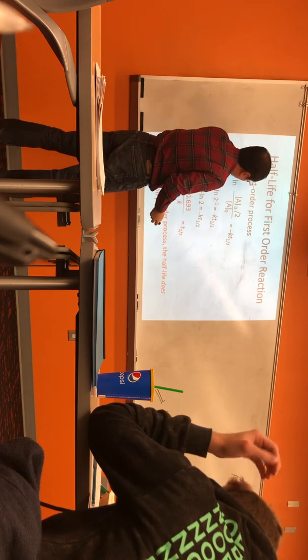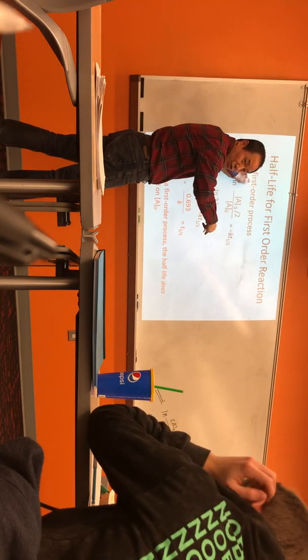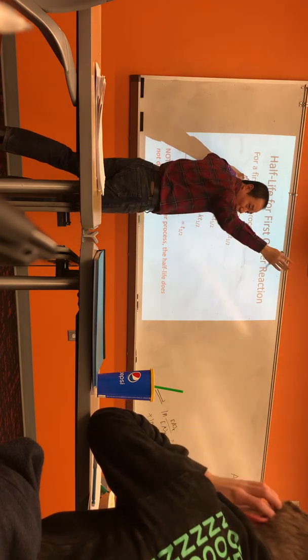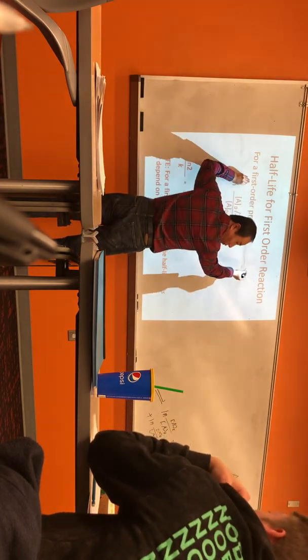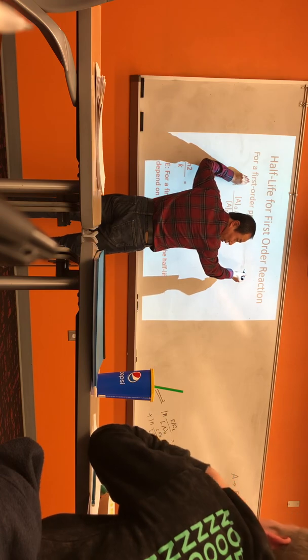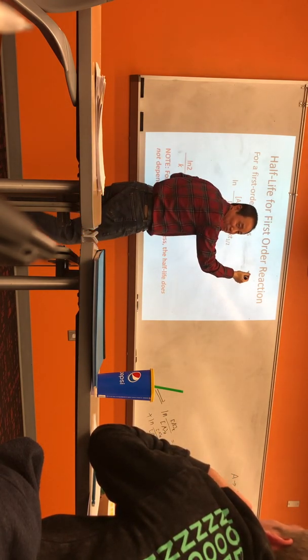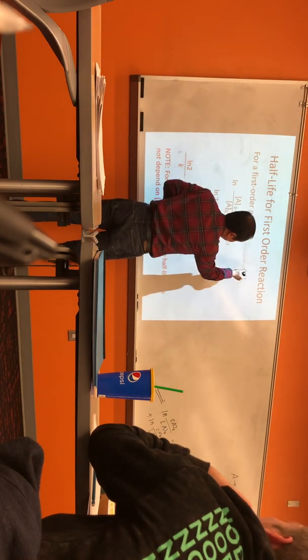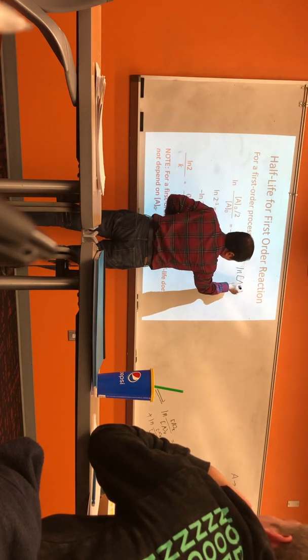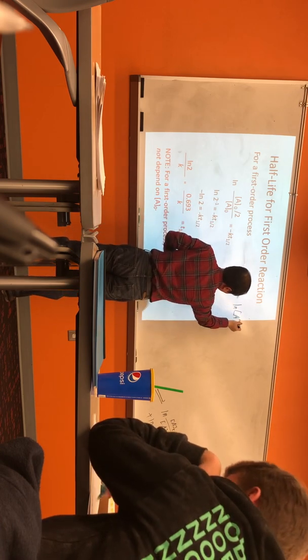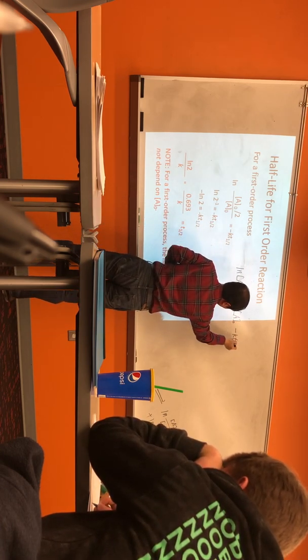For first order, you should know the formula. The integrated rate law is in your head. So you have to write what the integrated rate law is. Do you remember? Not yet, right? ln At equals ln A0 minus kt.